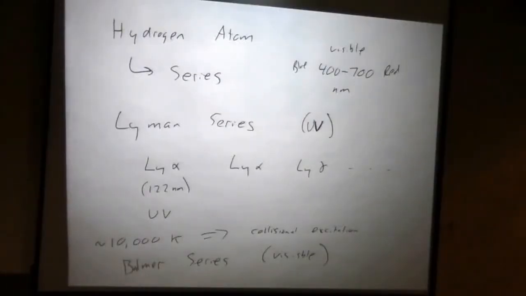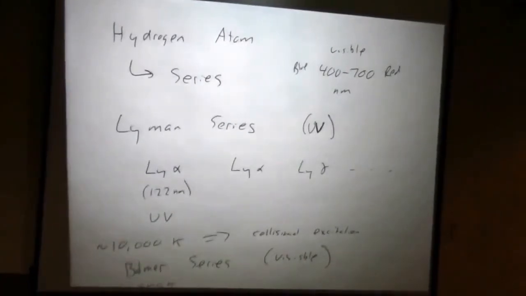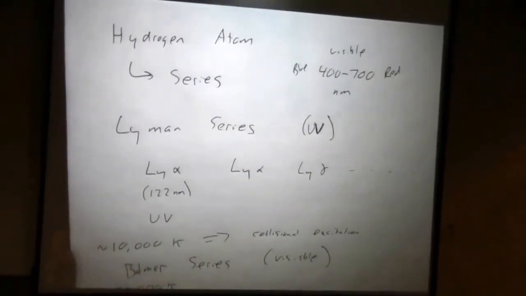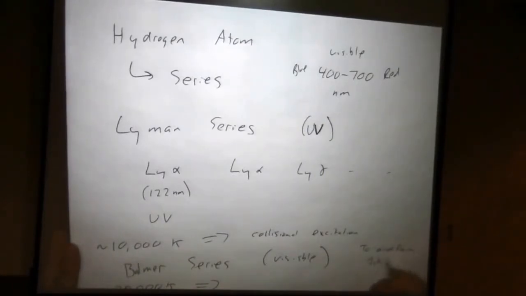Well, if you heat the gas up even more, let's say 25,000 Kelvin, then you can have, through collisional excitation, you can get up into, let's put notes here, next. Balmer series, this is everything to and from the first excited state.